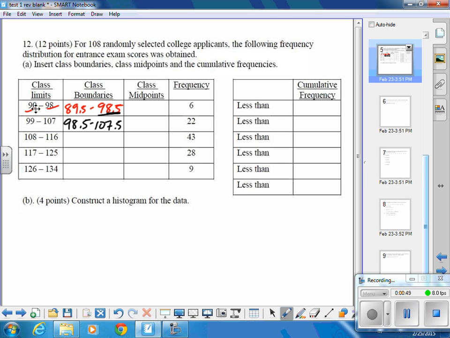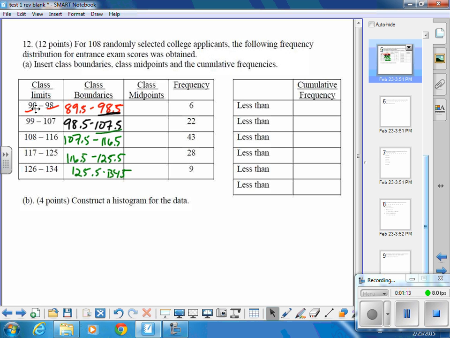And again, this next one's going to start with 107.5 to 116.5, and this keeps going. I get 116.5 to 125.5, 125.5 to 134.5, okay?